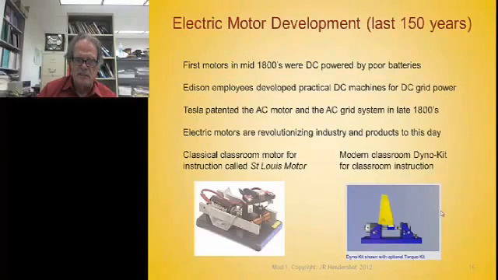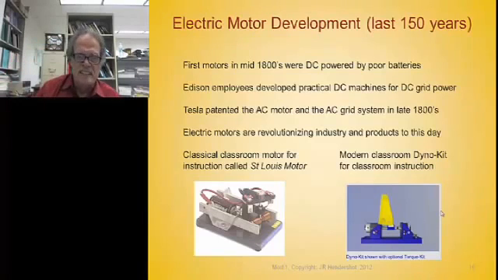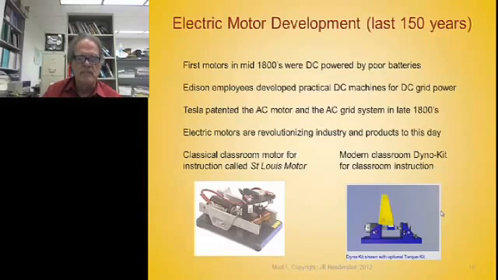For 150 years, we've had electric motors, and the first ones were developed in the middle 1800s, and they were powered by DC power, by lousy batteries. And shortly thereafter, Edison and his people in his research lab in Menlo Park, New Jersey, developed a lot of different kinds of DC machines, including generators that operate from DC grid power.